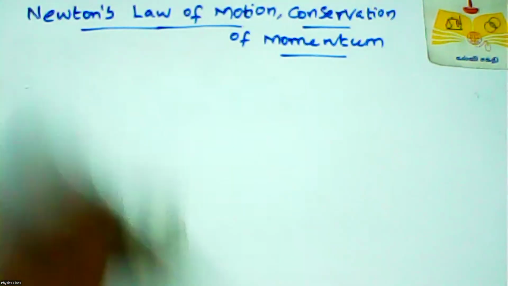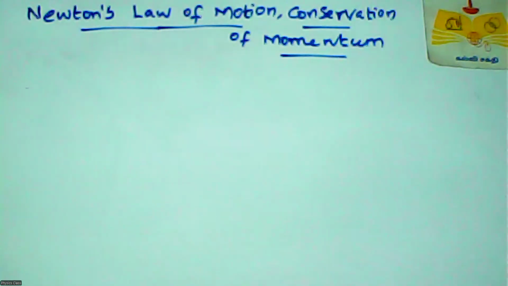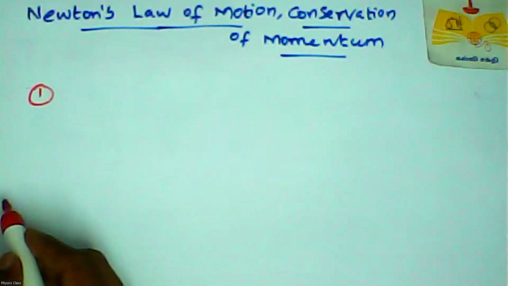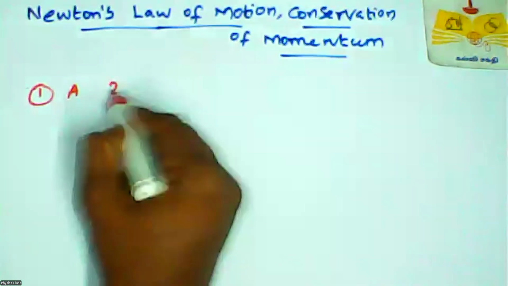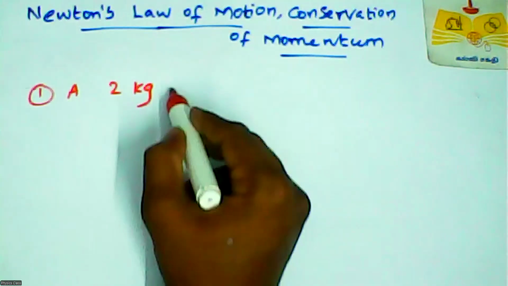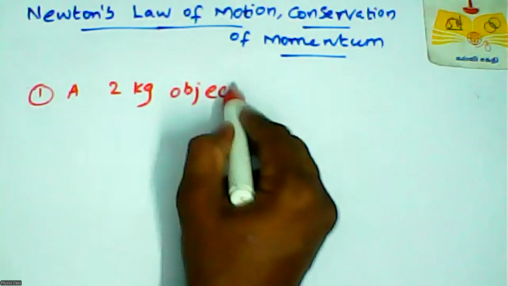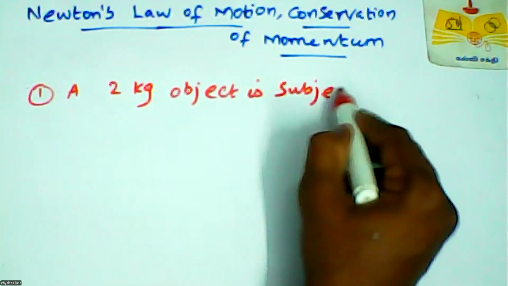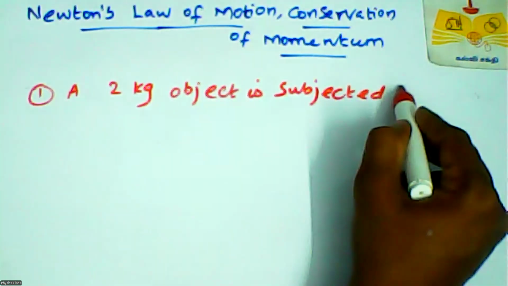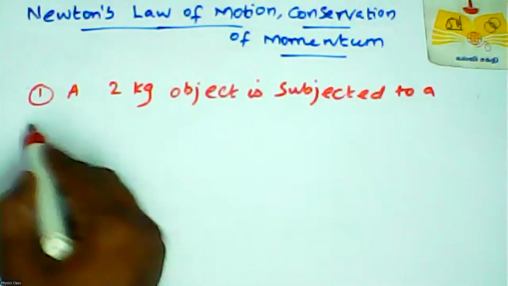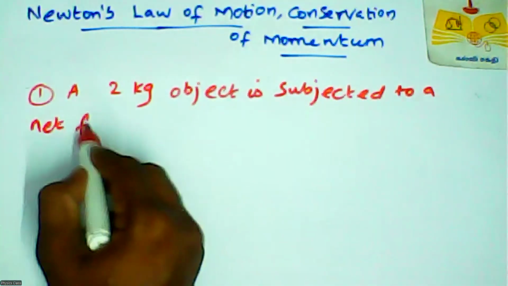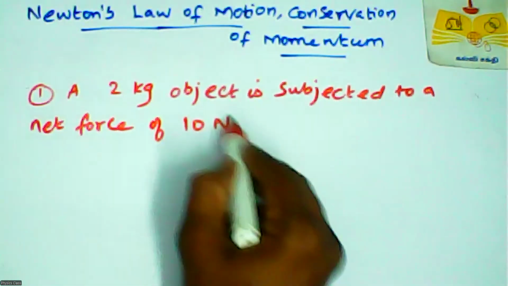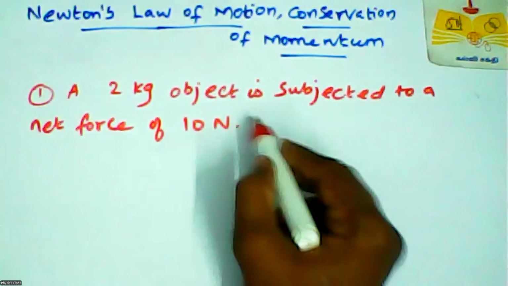First sum, problem number 1. A 2 kg object is subjected to a net force of 10 Newton. What is the acceleration?